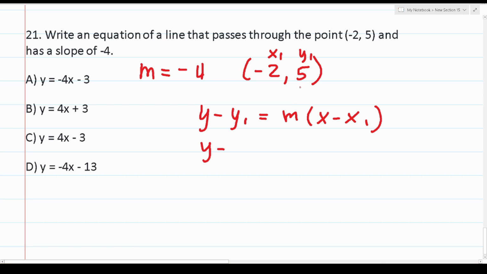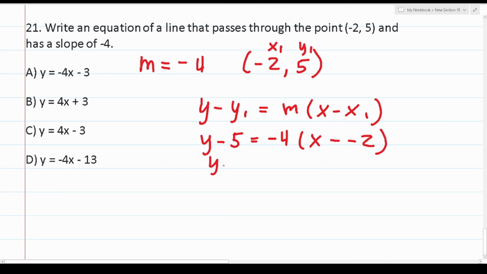We have y minus y1, which is 5, equals m. M is negative 4, that's the slope, times x minus x1, which is negative 2. Let's go ahead and work on simplifying this. We have y minus 5. We're not going to deal with that yet. Let's take this negative negative and make it a positive.